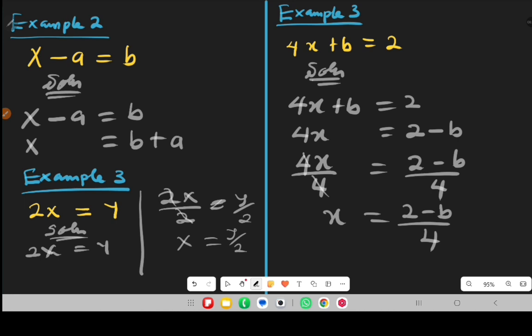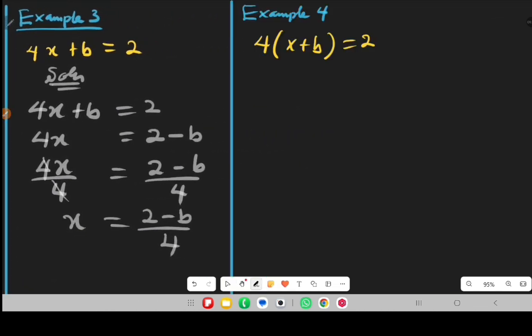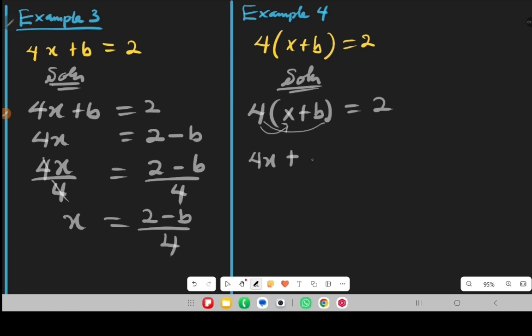Then we move to example 5. Example 5 contains brackets. We say solution, we have 4 into x plus b equals 2, and we are making x the subject of formula. We first open the bracket. And when we open the bracket, 4 times x gives us 4x plus 4 times b, which is 4b, equal to 2.